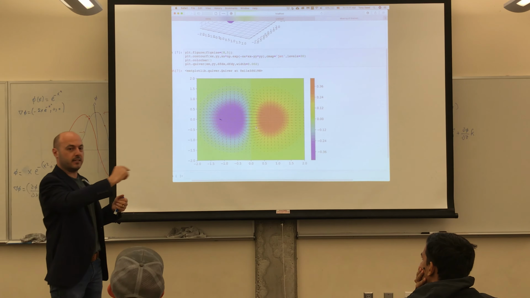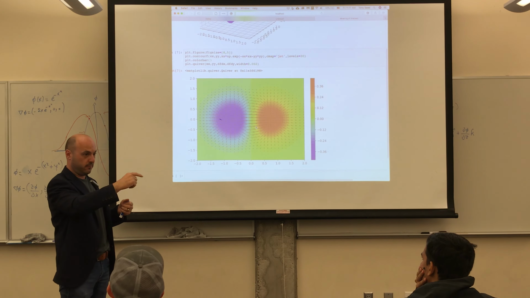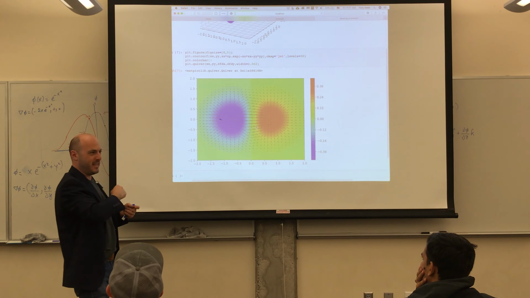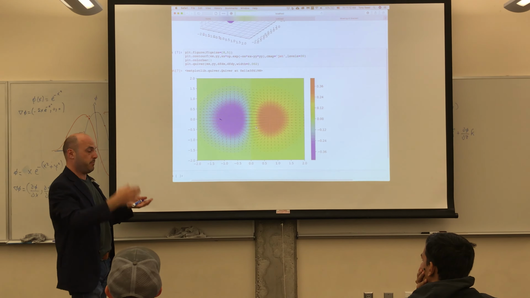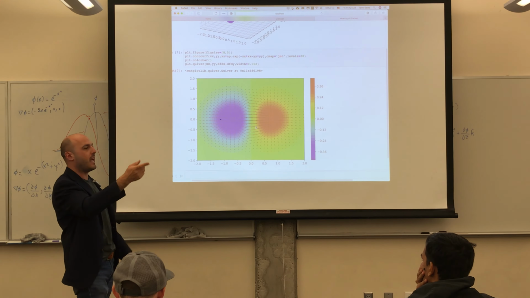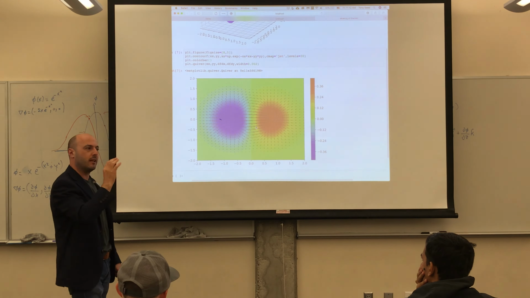So dP by dx is negative, because P exit minus P inlet is a negative value, since P exit is lower than P inlet. And that ends up going into the right-hand side of the equations for momentum, and that's what drives the flow. It creates a positive force that drives the flow because it's multiplied by a negative 1. We'll talk about that later.